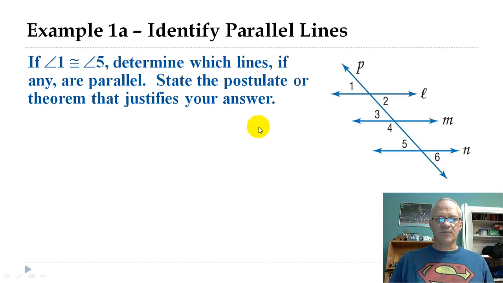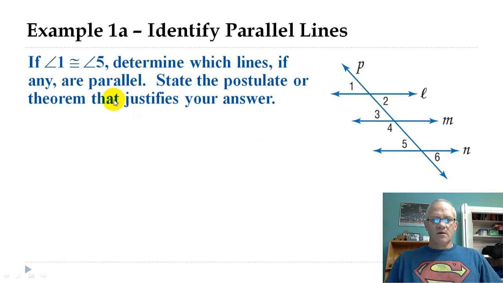Well, let's just look and see what we can do with some of these. All right, so first example here, angle 1 is congruent to angle 5. We want to determine which lines are parallel and then state the postulate. So let's look here. Here's angle 1 and here's angle 5. What is the relationship between those two angles? It might be a little harder because you've got extra lines and angles in here that we're not used to seeing. But look at it this way.